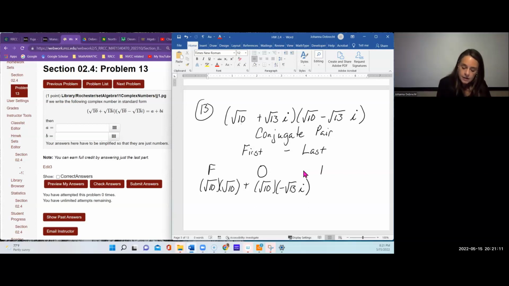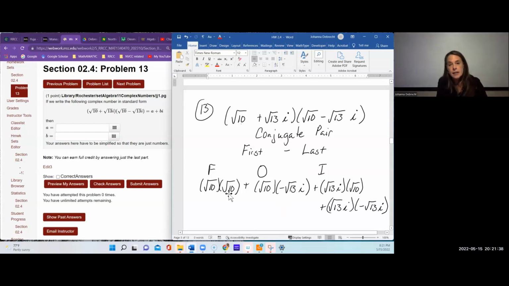Then we have the inner, which is the middle pair, square root of 13i and square root of 10. Then the last, and I'm running out of room, square root of 13i times negative square root of 13i.